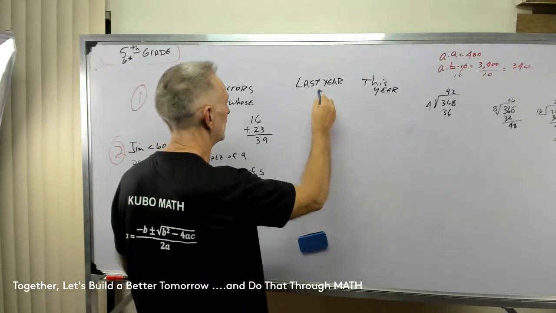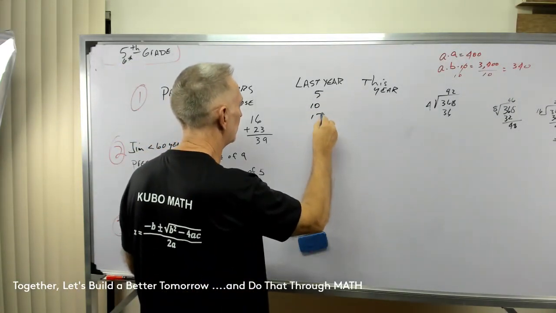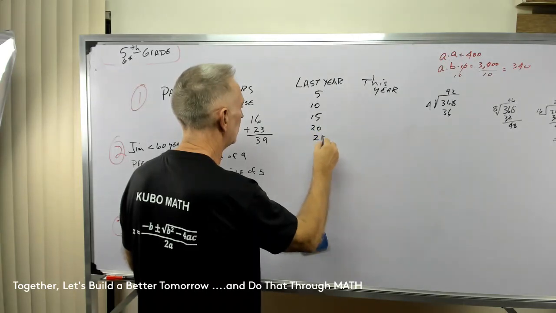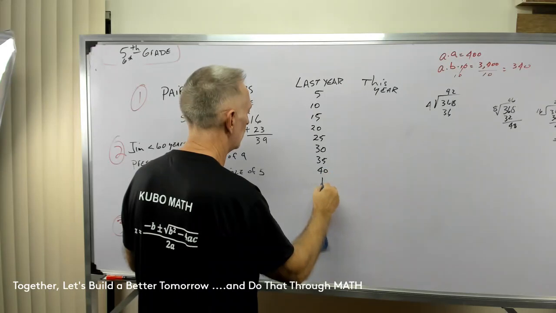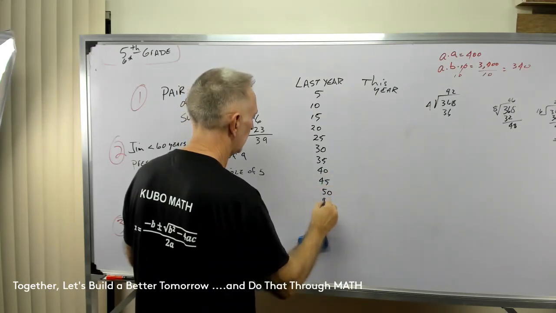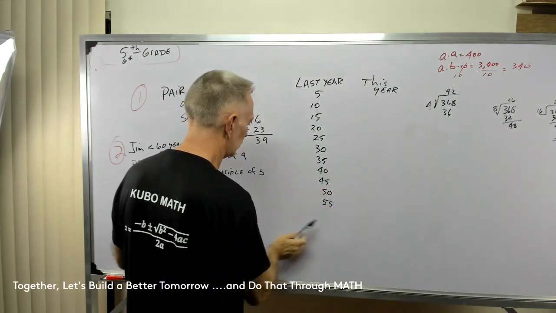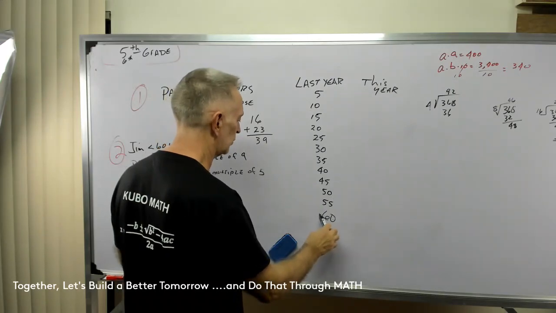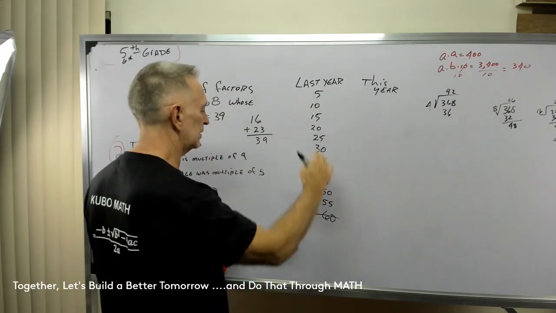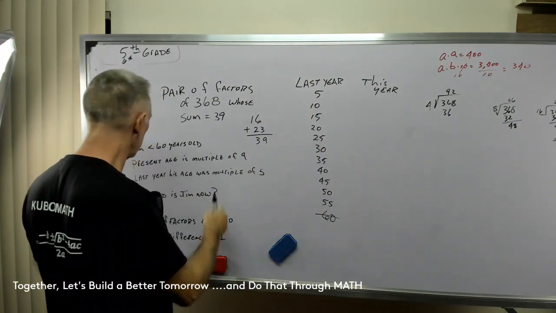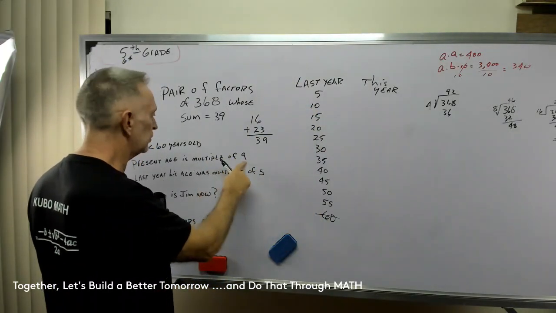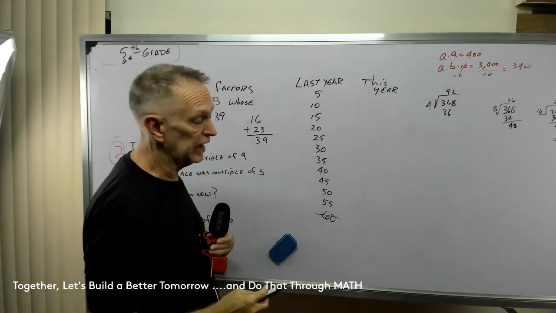Last year he was 5, 10, 15, 20, 25, 30, 35, 40, 45, 50, 55. It says he was less than 60, so if I put 60, he's less than that. So it would have to be one of these. Now his present age is multiples of 9.